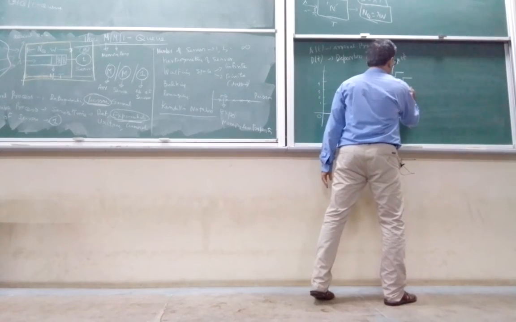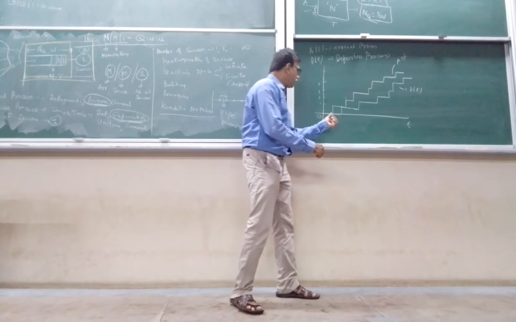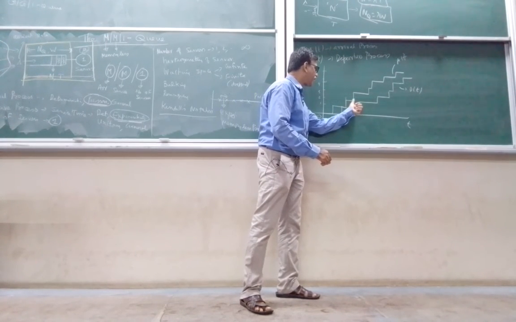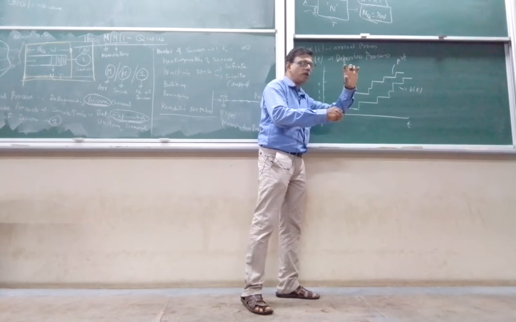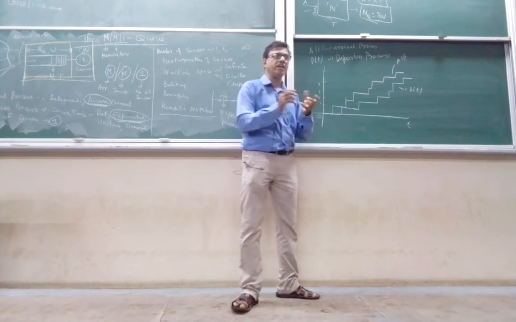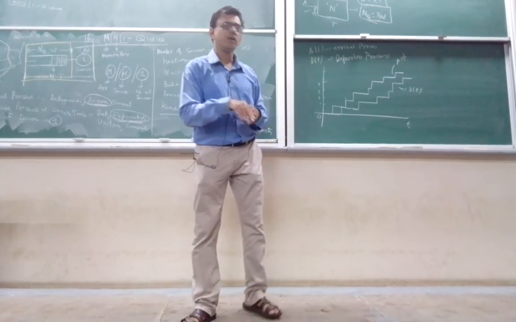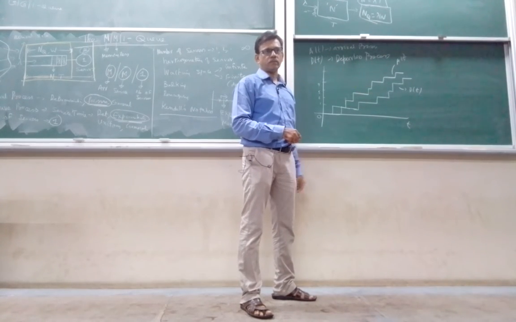This can be a realization of D of T. That is first arrival, first departure. Second arrival, second departure. Third arrival, fourth arrival. Wherever there is a spike, the height will be only 1 because A of T and D of T increase by 1. They are all counting processes. They don't decrease. So this is A of T, this is D of T.